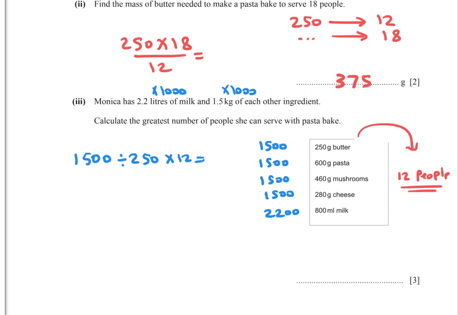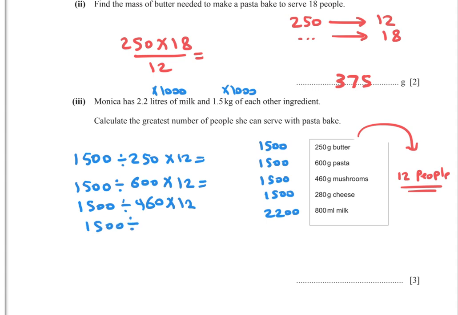For pasta, divide 1500 by 600, then multiply by 12. And same, 1500 divided by 460 times 12. 1500 divided by 280 times 12.